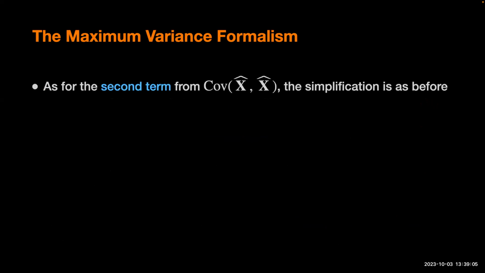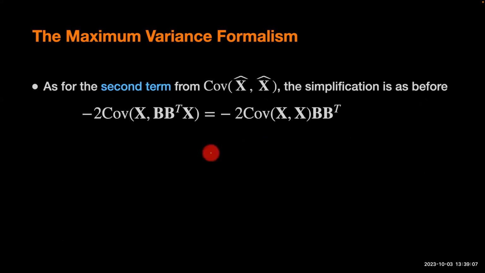I just walk through the math. So we have done the last term. The second term is easier. I have -2, the covariance of X and BB transpose X. This is just a linear term that I can pull out, take the transpose of the whole thing. It turns out to be the same thing. So it'd be 2 times the covariance of X times BB transpose. Right.